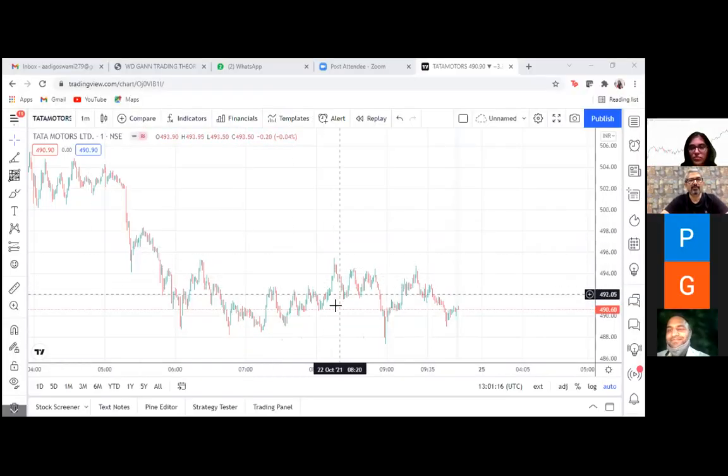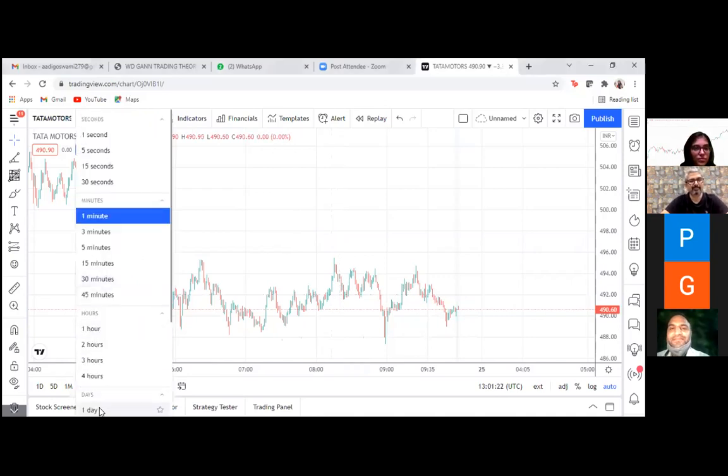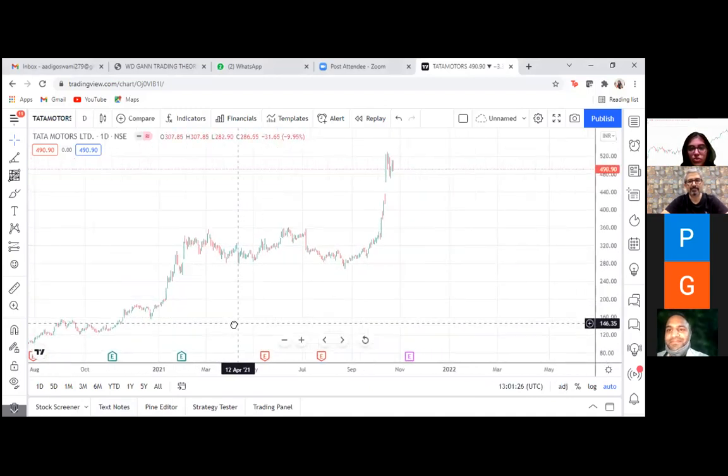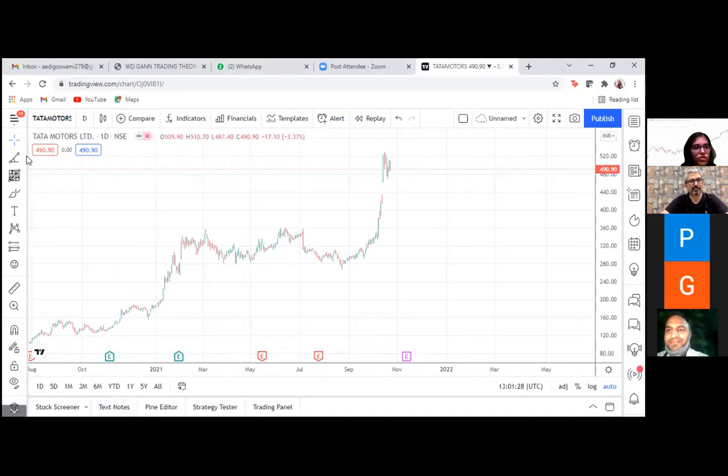Okay. Can we plot it on the daily chart, please? One day here. So let's start with Gann square only.